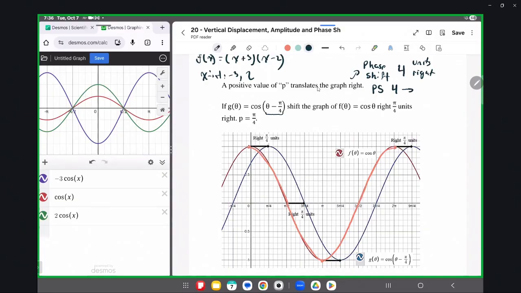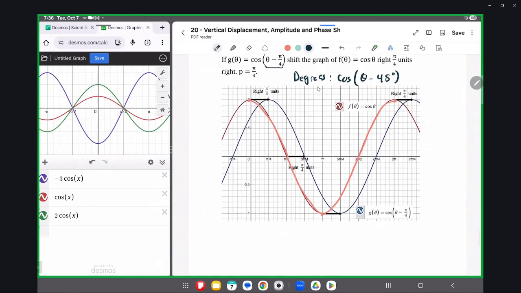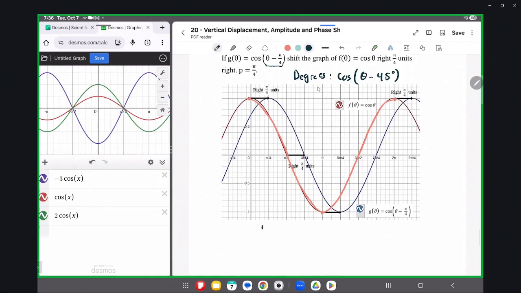If you want to think about this in terms of degrees, you could think about this as being cos of theta minus 45 degrees, in which case all of these would be 45 degrees, or increments thereof. So we'd have 0, 45, 90, 135, 180, 225, 270, 315, 360, 405, and so forth.